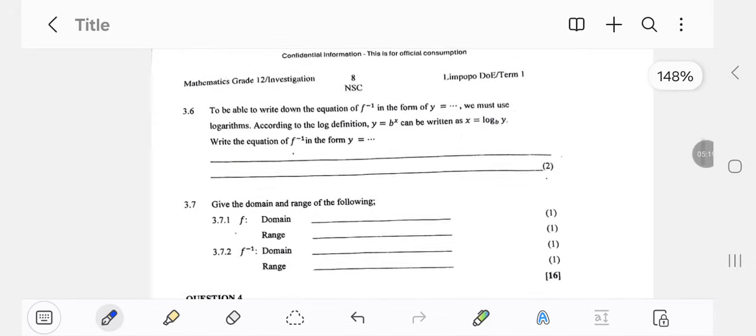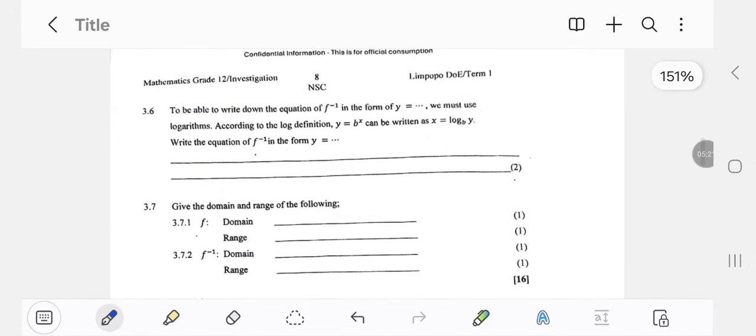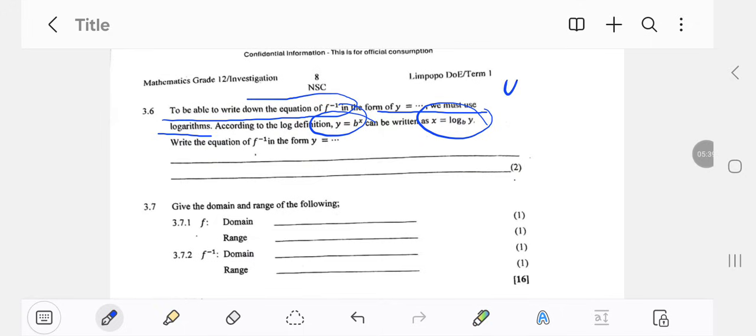Then the equation, 3.6. To be able to write down the equation of this inverse in the form of y, we must use logarithm. According to the log definition, this one here is like that. Write the equation of f.